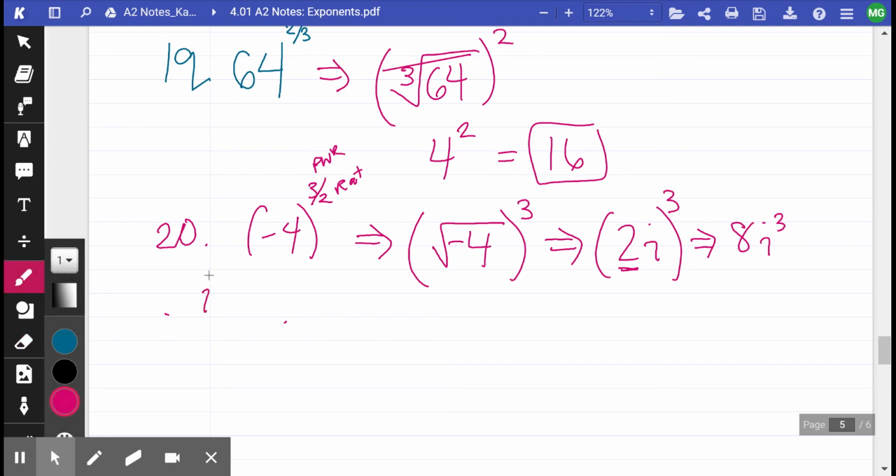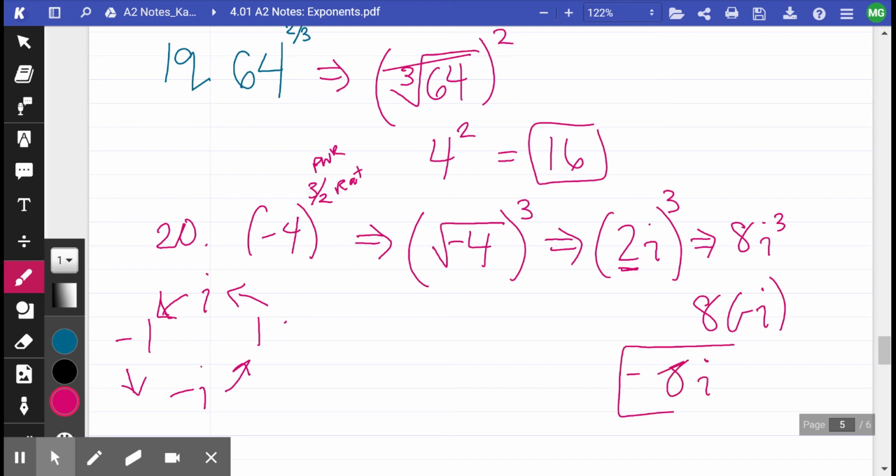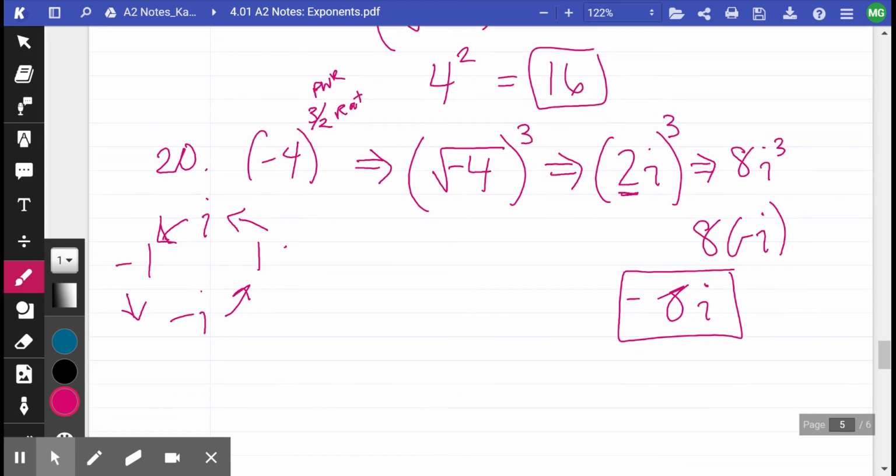So we'll do i and negative i, -1 and 1. So then i to the first is i, i to the second is -1, i to the third is negative i. So I replace i to the third with negative i, so I get -8i for my answer.